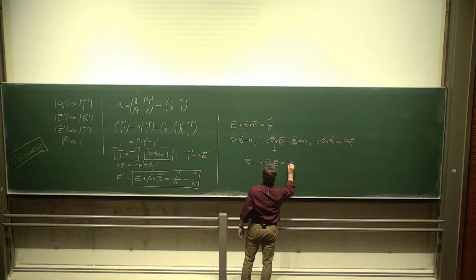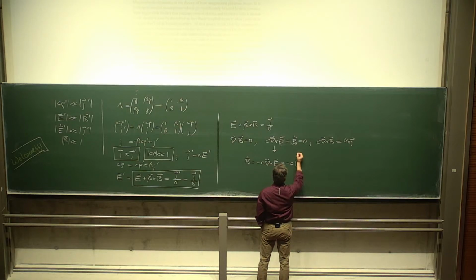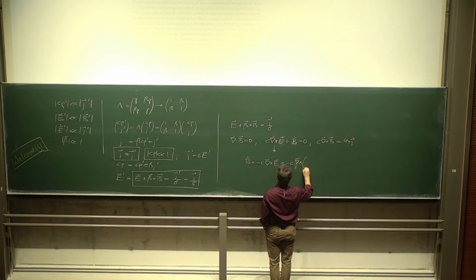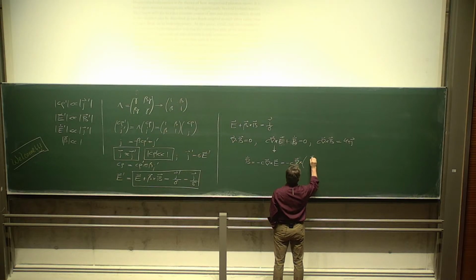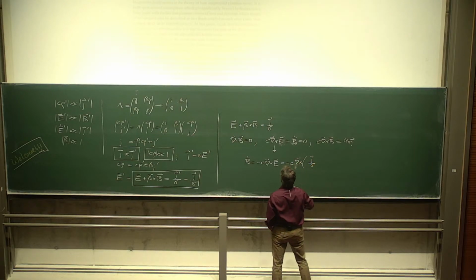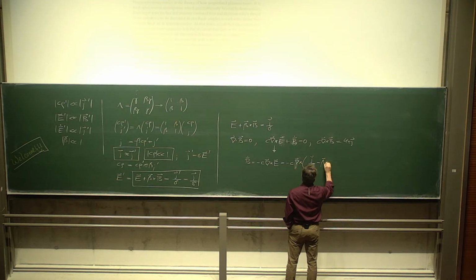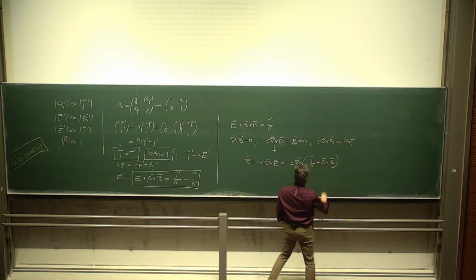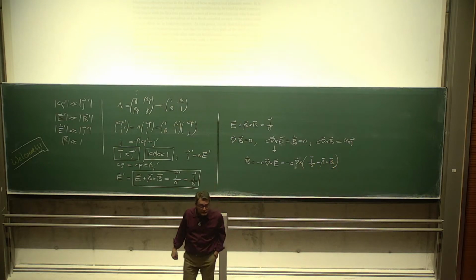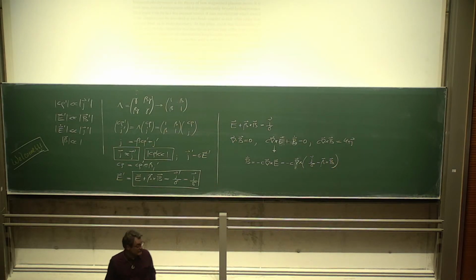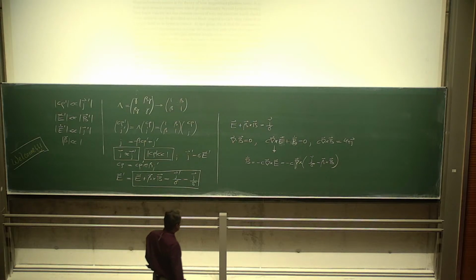So I get minus c, now the curl of something lengthy. This is going to be J divided by sigma minus beta cross B. I'm just inserting the result of the back transform of E into that.